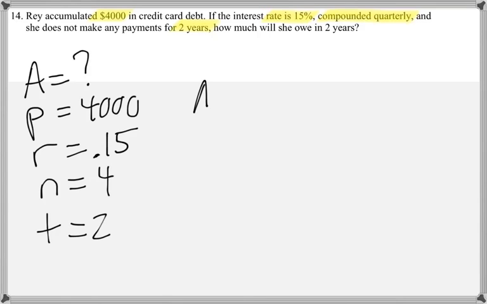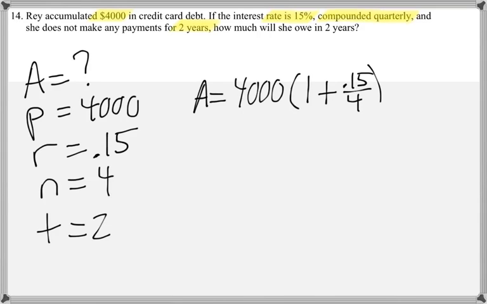So I'm going to do A is equal to 4,000 times (1 plus 0.15 divided by 4) raised to the 4 times 2.